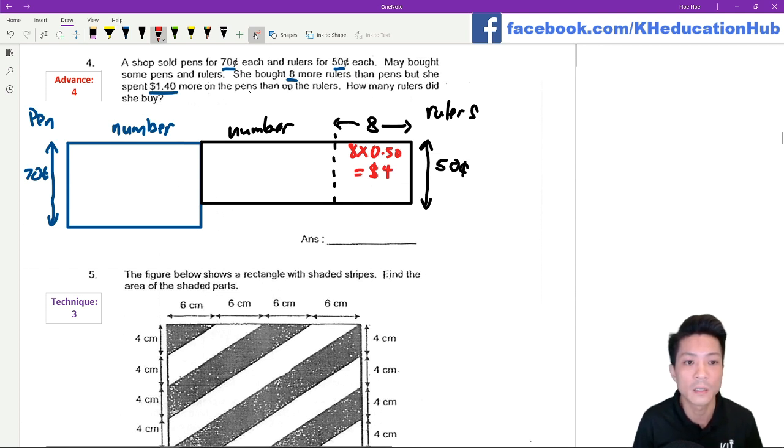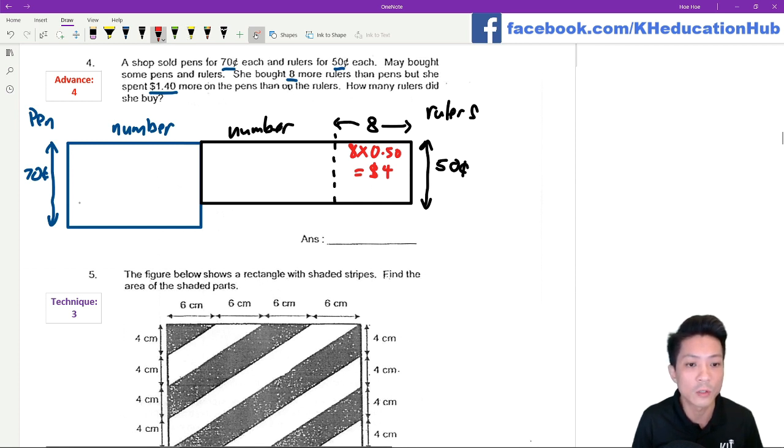And then she spent $1.40 more on the pens, which means that the area of the pens should be $1.40 more than the area of the black color rulers, right?